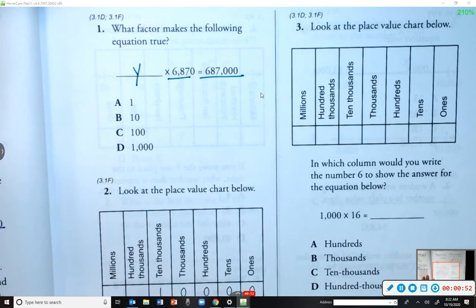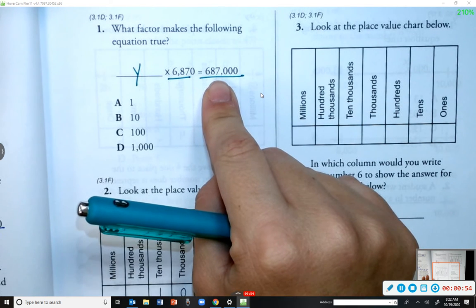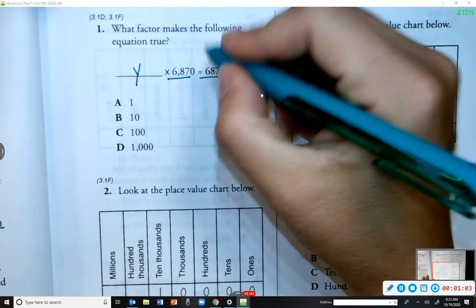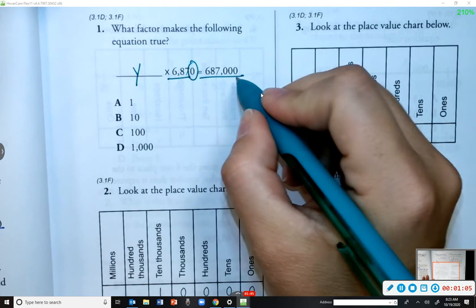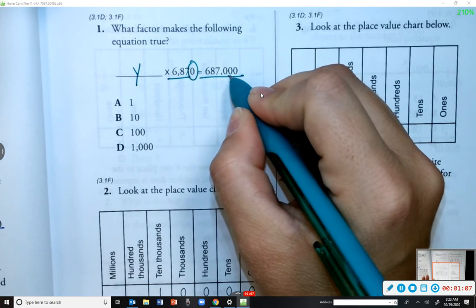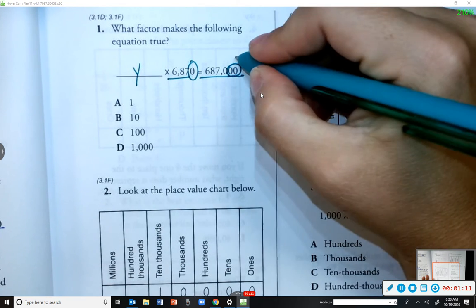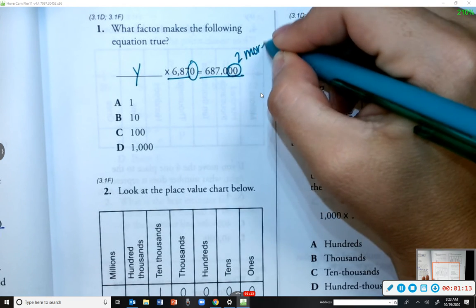What is different about this one at the end, the equal sign? Kaylee? Okay, good. This one has 1 0, and then we see there is 2 more added to this one. So this one has 2 more zeros.